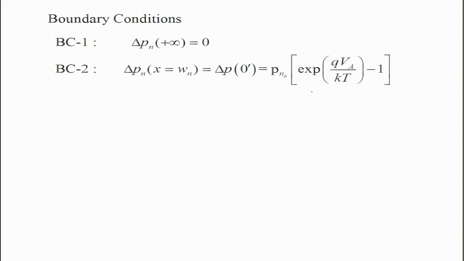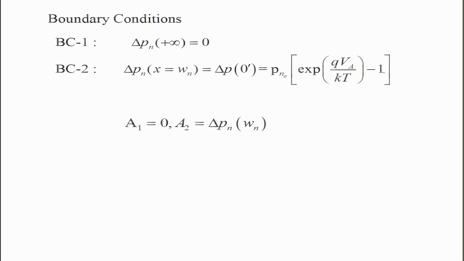Similarly, you do the same analysis for the n-side boundary. What are the boundary conditions? The first boundary condition is delta Pn at infinity is equal to 0. The second boundary condition is delta Pn at x is equal to Wn, that is at x prime equal to 0, is equal to Pn naught exponential qVa by kT minus 1. This we have established earlier.